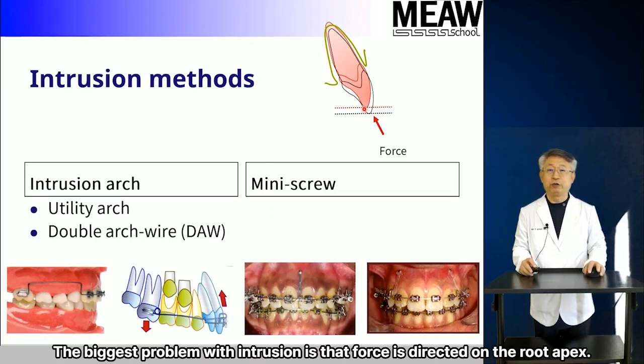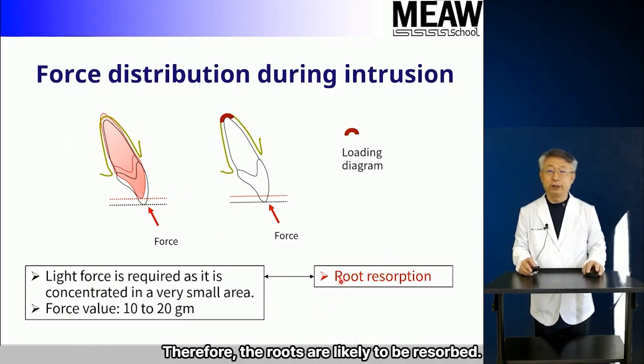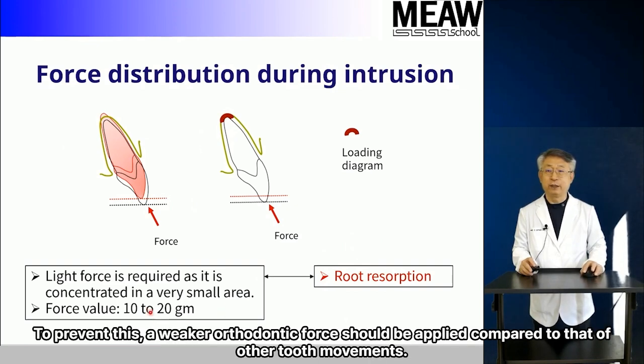The biggest problem with intrusion is that force is directed on the root apex. Therefore, the roots are likely to be resorbed. To prevent this, a weaker orthodontic force should be applied compared to that of other tooth movements.